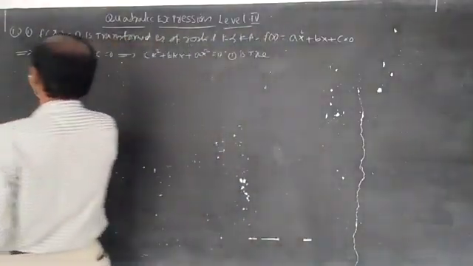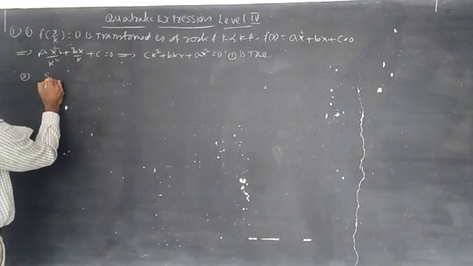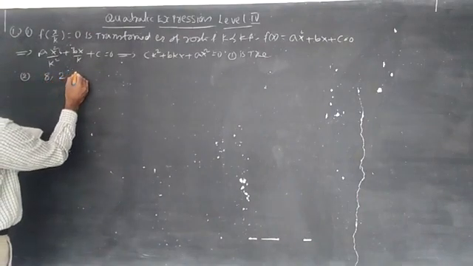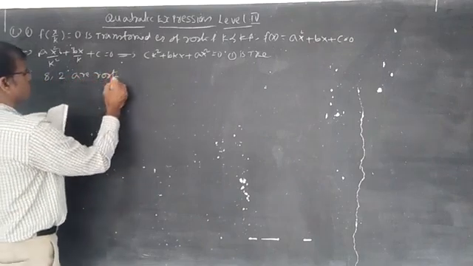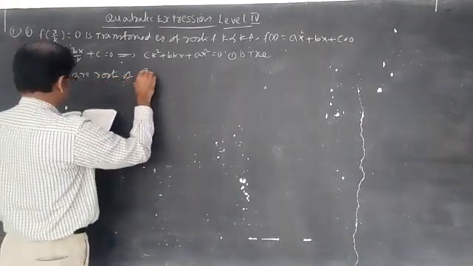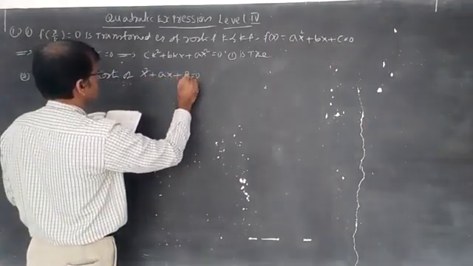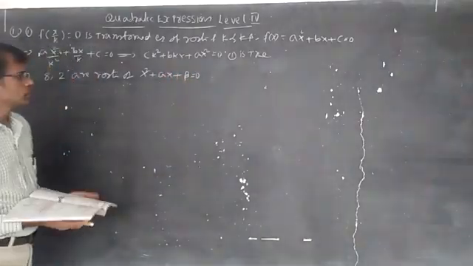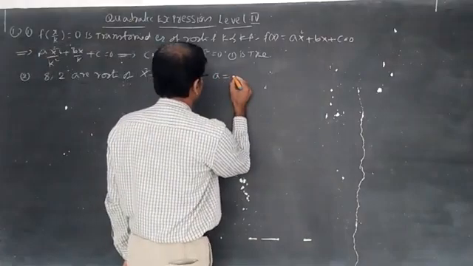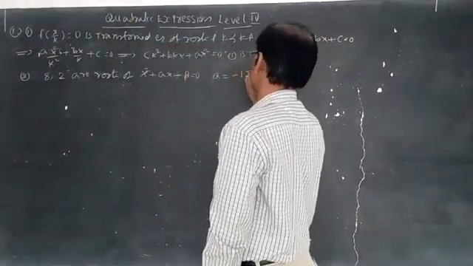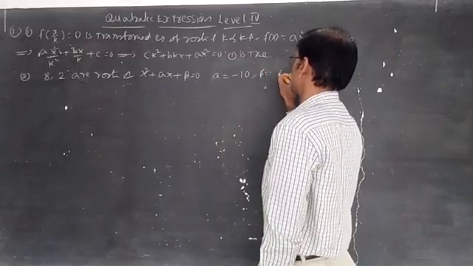Statement 2: 8, 2 are roots of x square plus alpha x plus beta equal to 0. So sum of roots you can take minus b by a. So alpha is equal to minus 10 because 8 plus 2 is equal to minus alpha, and beta is equal to 16.